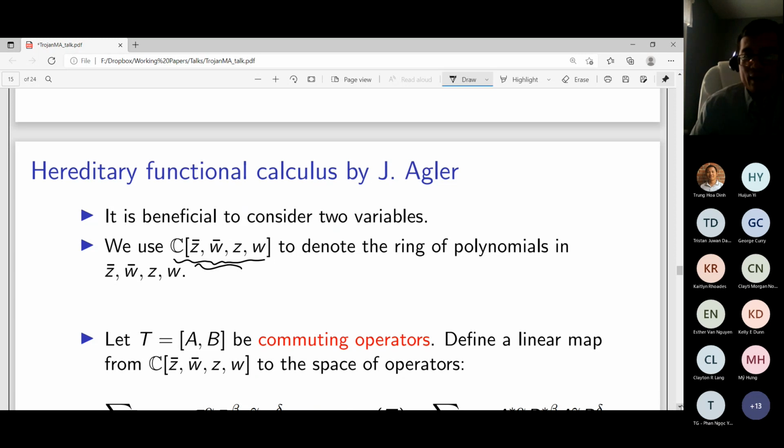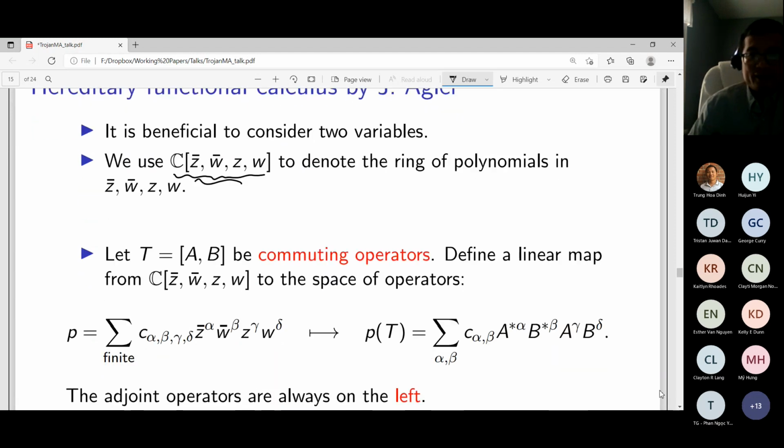And say we have two operators A and B that commute, and we put it into a tuple, a pair like this. Then we can define a linear map from polynomials to operators as follows.